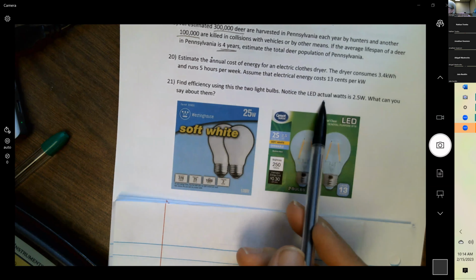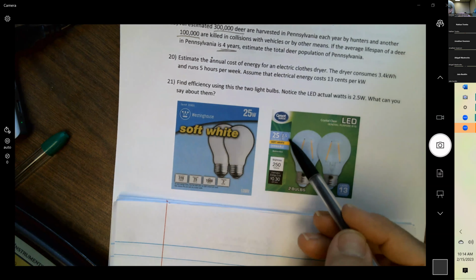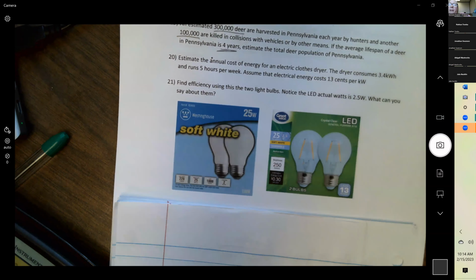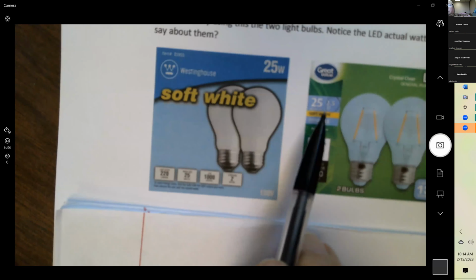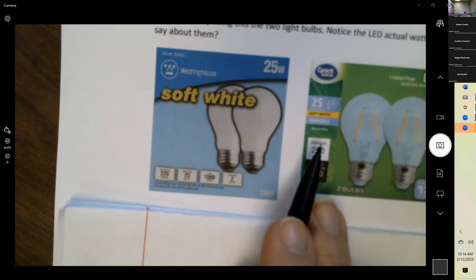Notice the LED actual, I let you know that it's actually using 2.5, but it's comparable to a 25. So you want to be careful of that. But it's 2.5 watts for the LED. And then you use your lumens.